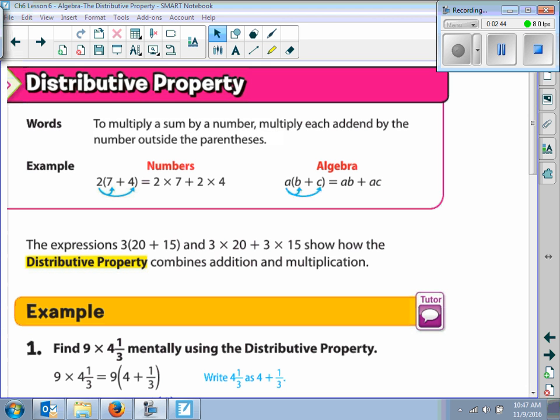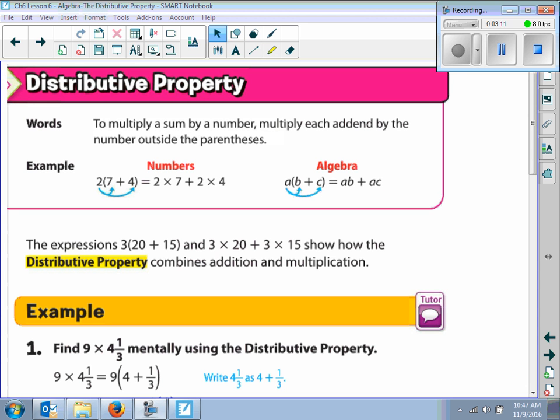All right, so the distributive property. To multiply a sum by a number, you're going to multiply each addend by the number on the outside of the parentheses. Now remember, the addends are the numbers you're adding, right? So in this first example, the addends are 7 and 4, okay? And the number on the outside is what's getting multiplied times everything on the inside of the parentheses.